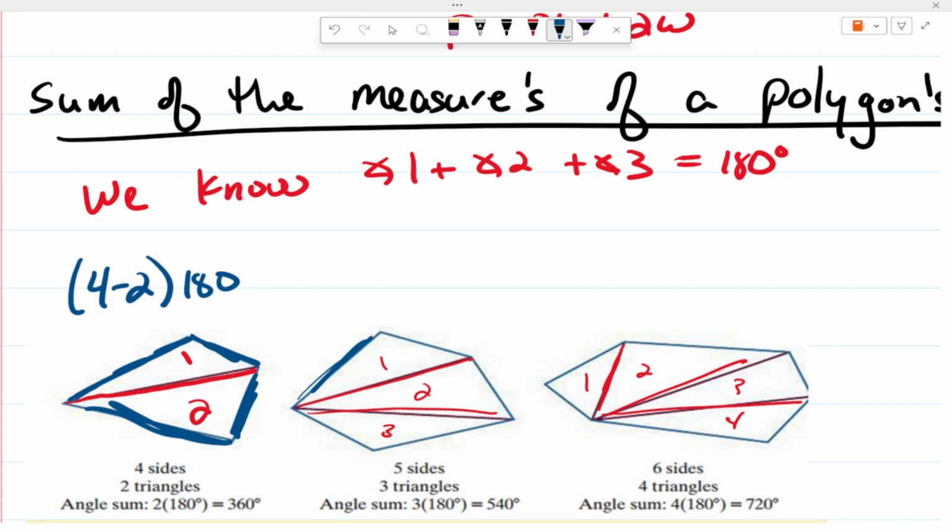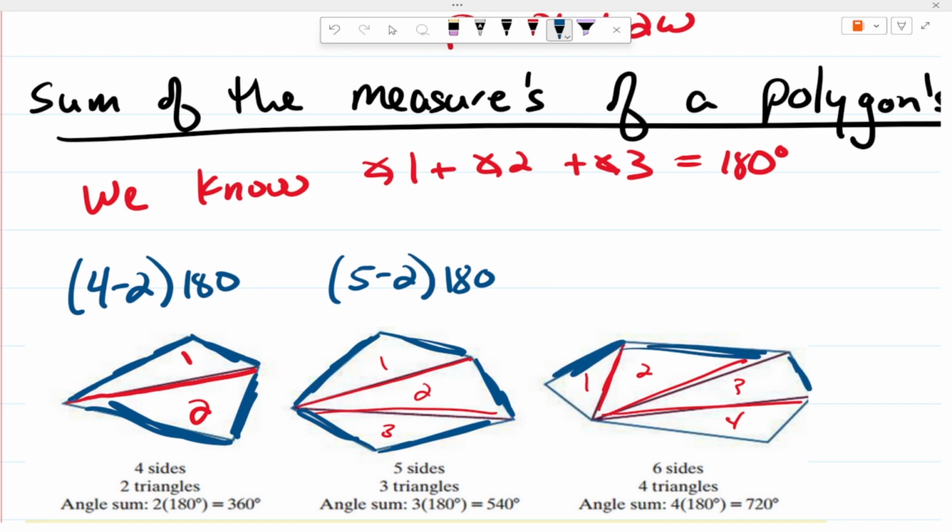Now, 1, 2, 3, 4, 5 sides. So 5 minus 2 times 180. And finally, 1, 2, 3, 4, 5, 6. So we have 6 minus 2 times 180.